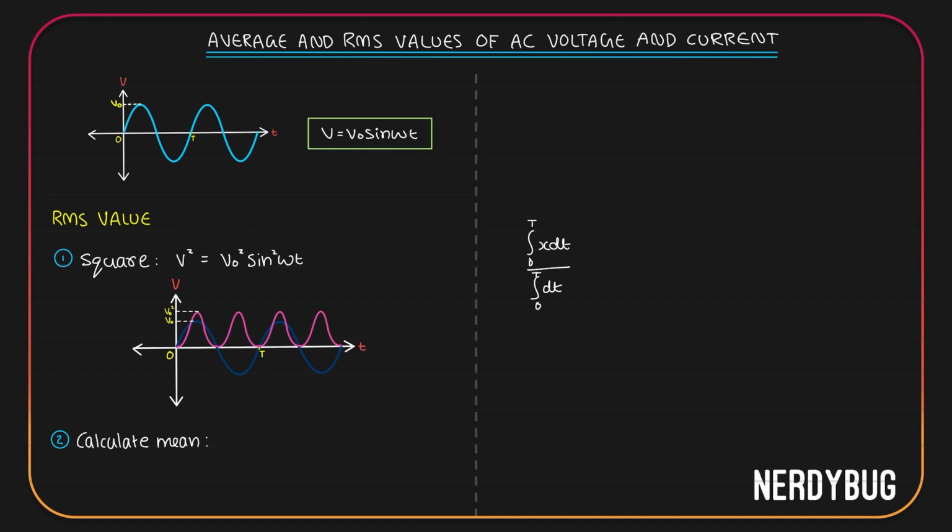So the mean will be integral from 0 to 1 time period of V naught square sine square omega t dt divided by integral from 0 to T dt. In the denominator, integral dt is just T. Giving the limits from 0 to T, it is simply T.